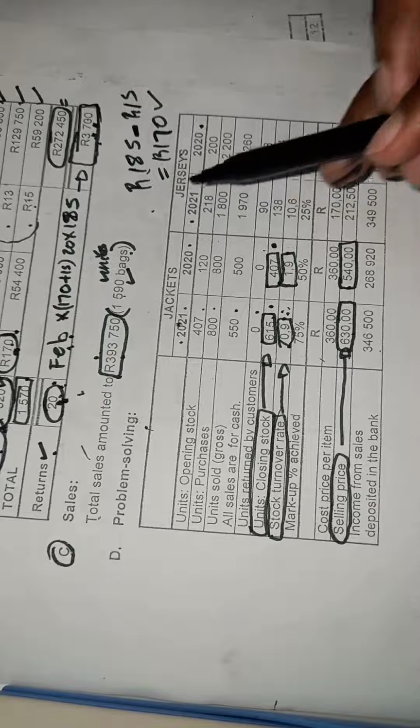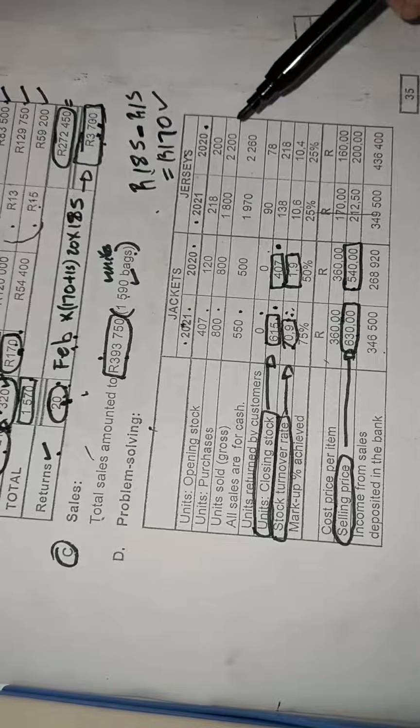Now let's go to jerseys. Let's identify problems with jerseys. These are the jerseys here in 2021. So let's look at the problem. Opening 218, purchases 1,970, sold, 90 units returned by customers. That's a big problem.